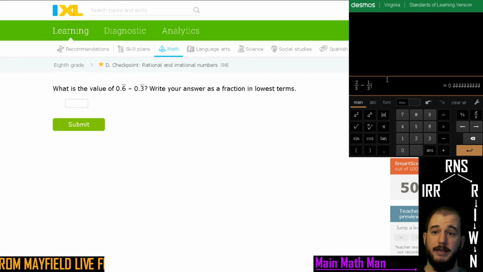Since we're subtracting fractions, again, you might need to go back and review some ideas with this, but anytime we add or subtract fractions, they have to have a common denominator. That means this bottom number has to be the same, and then we would just subtract the numerators, and so we're going to say this is going to be 1 over 3.